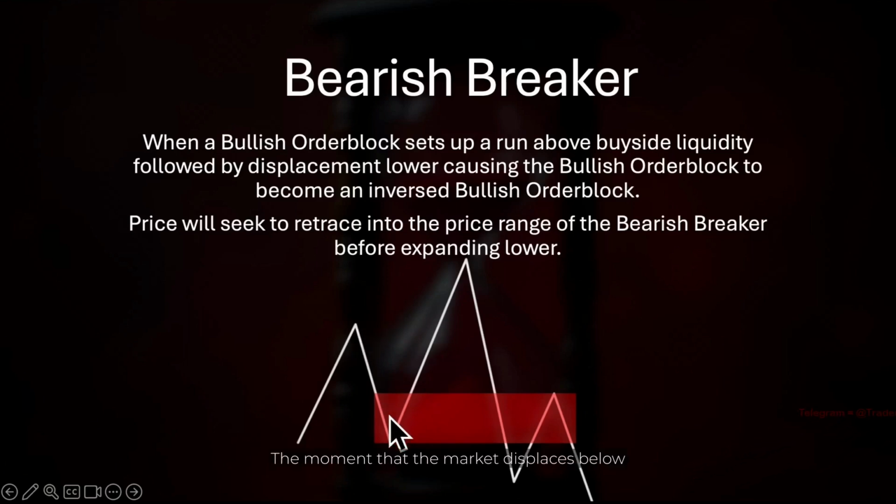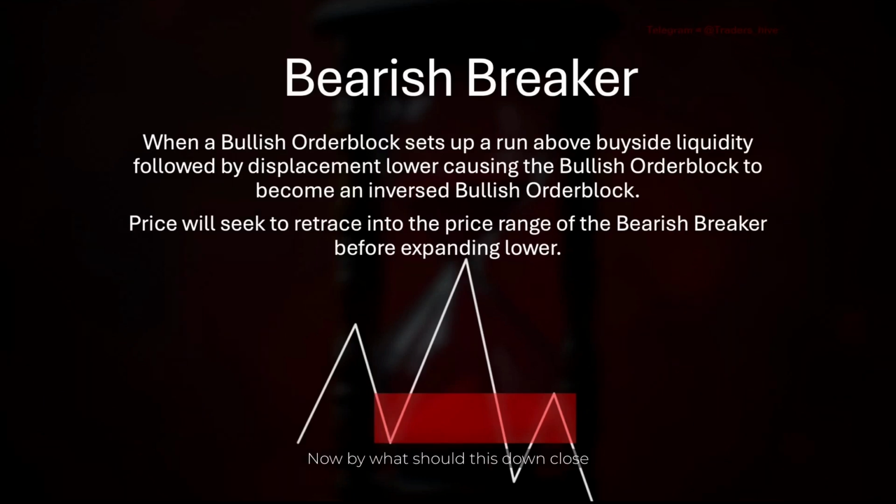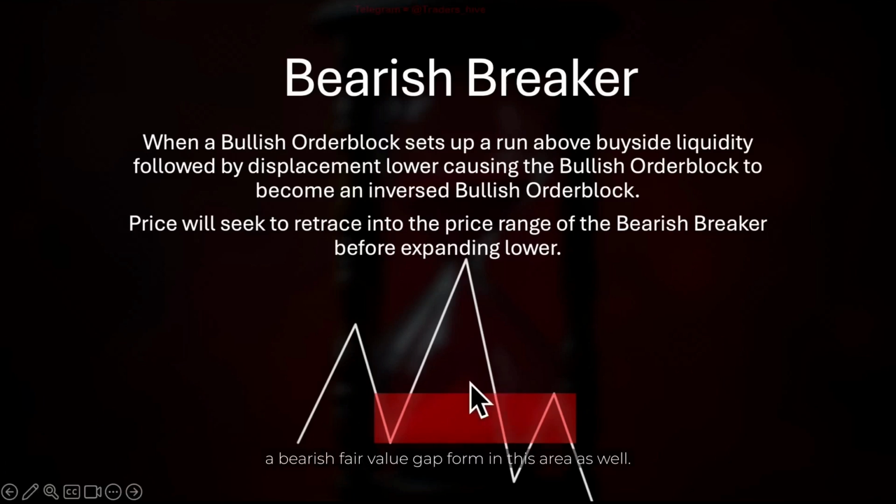The moment that the market displaces below this down close candle, so below this low right here, the final down close candle which formed right here is your bearish breaker. And that down close candle has to function as resistance on price in order for the order flow to remain bearish. Now, by what should this down close candle get displaced through? Ideally, we would like to see a bearish fair value gap form in this area as well.